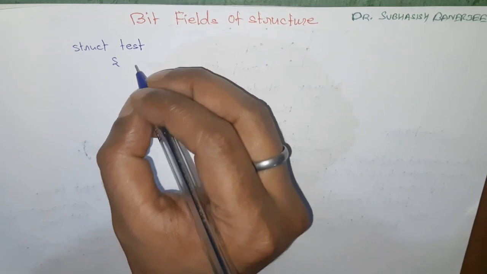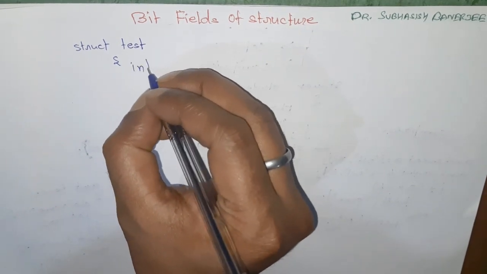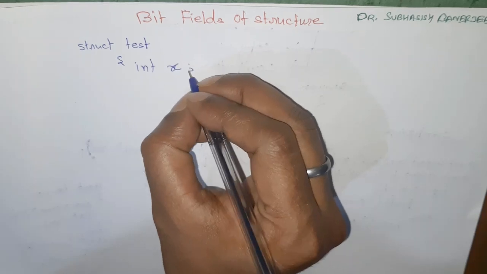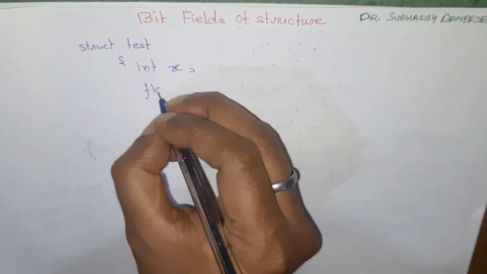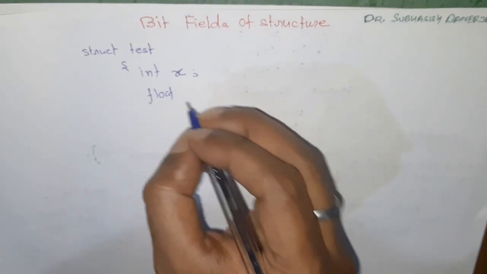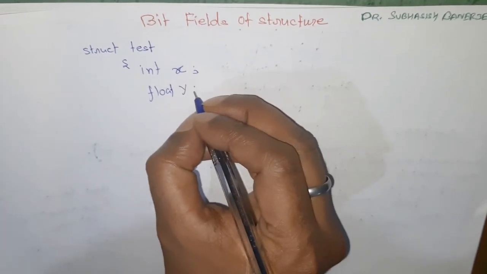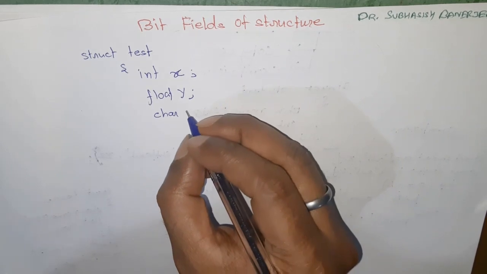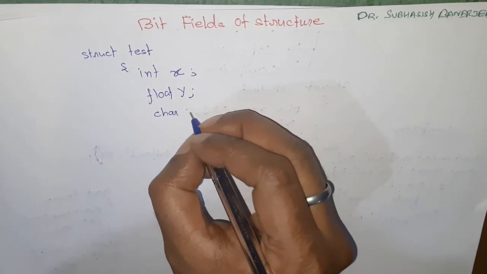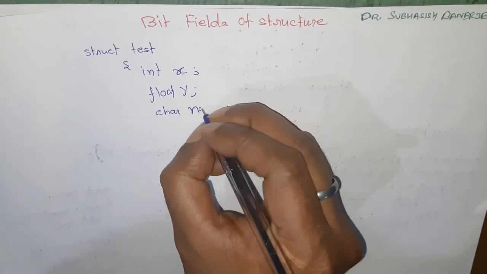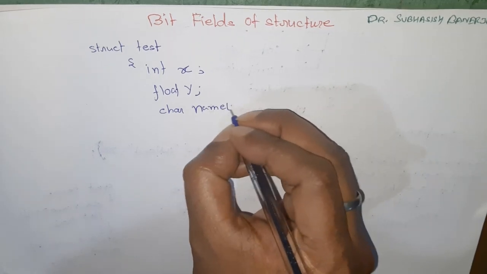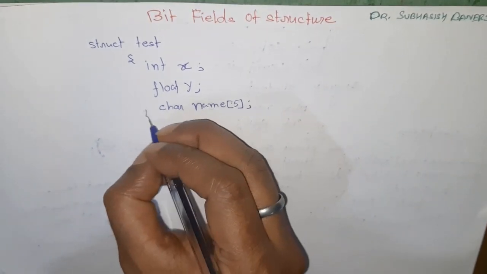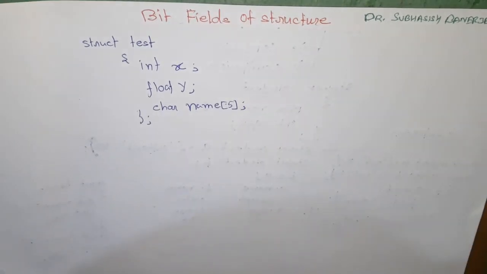In this structure, suppose I have declared the variables: integer x, float y, and character name, let's have 5. So as a result, what will happen?